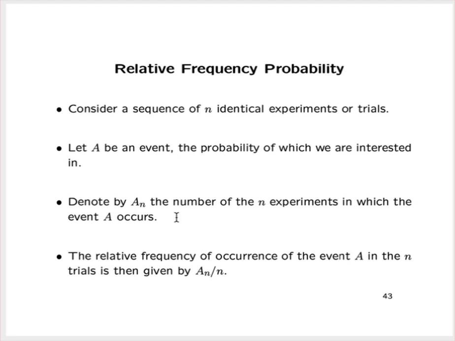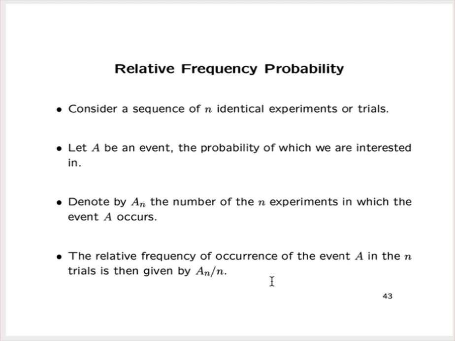All right, so we would perform this experiment or the process n times, so we have n trials, and the number of times that the event A has occurred is going to be denoted by cap A sub n.